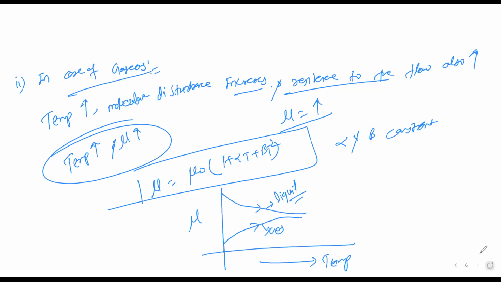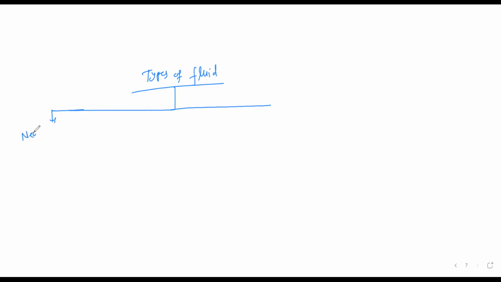Next, based on Newton's law of viscosity, we'll differentiate the types of fluid. First of all, there are two types of fluids. The first is the Newtonian fluid, which follows Newton's law of viscosity.